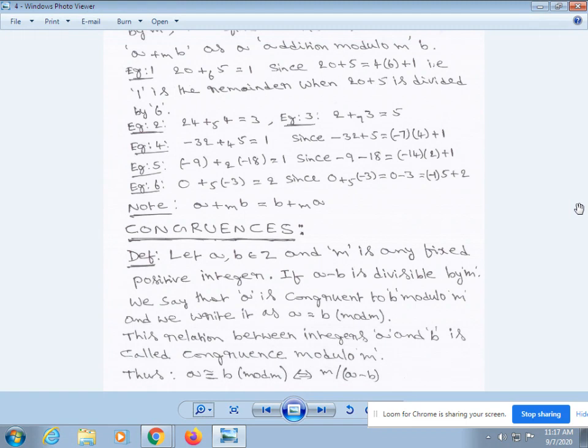If a minus b is divisible by m, we say that a is congruent to b modulo m, and we write it as a is congruent to b modulo m. This relation between integers a and b is called congruence modulo m. Thus, a congruent to b modulo m implies m divides a minus b.